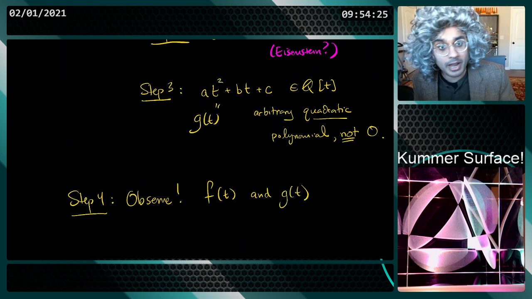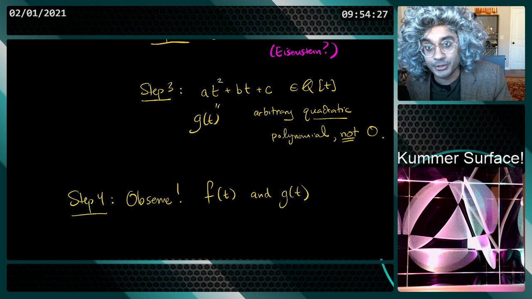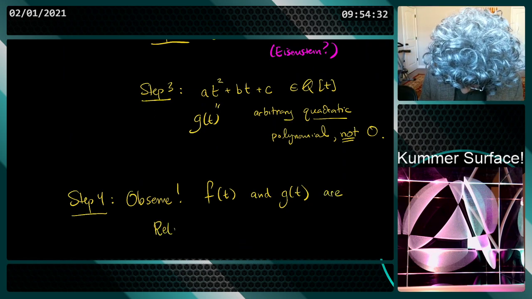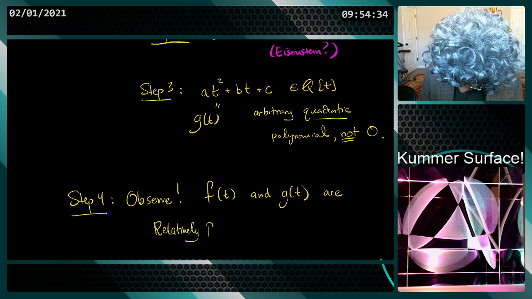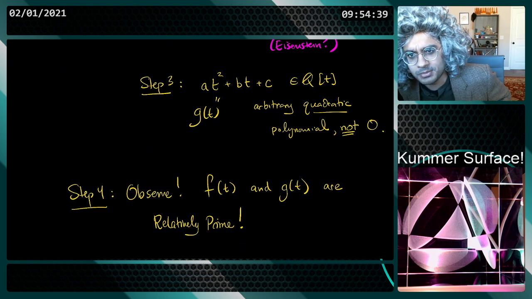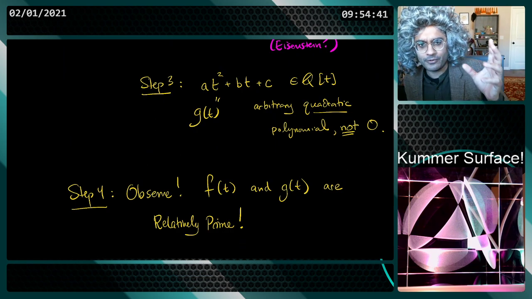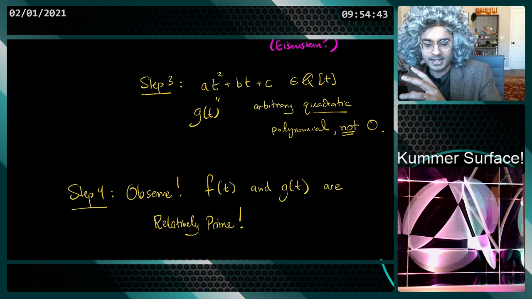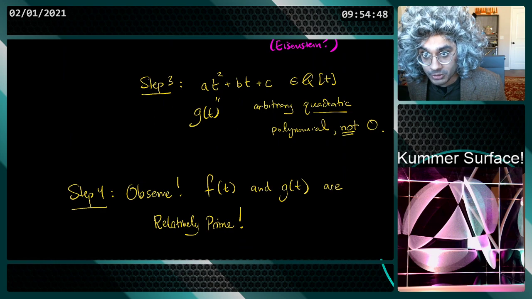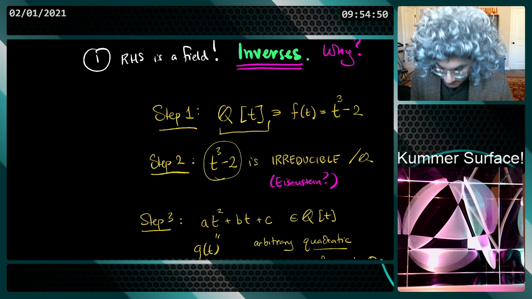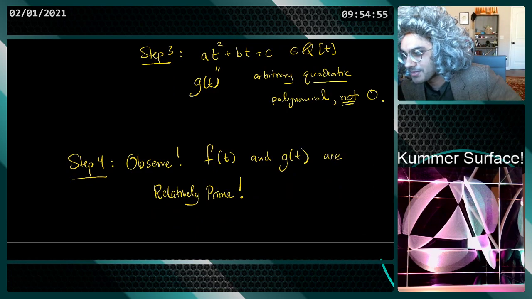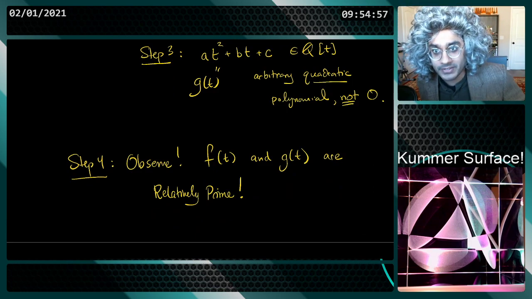It cannot share any irreducible factors, because g of t has smaller degree, and the only way f and anything can share a factor is if the factor is f. F is irreducible, like a prime number. So f and g are relatively prime.